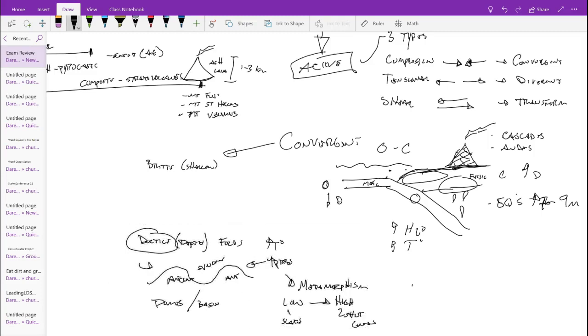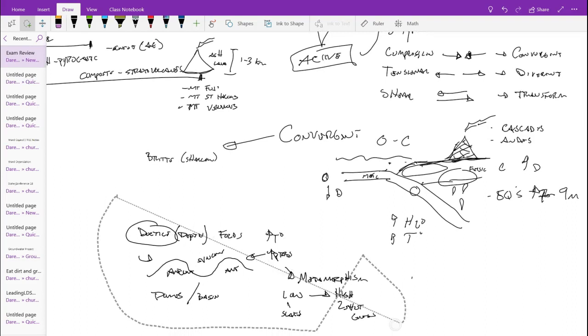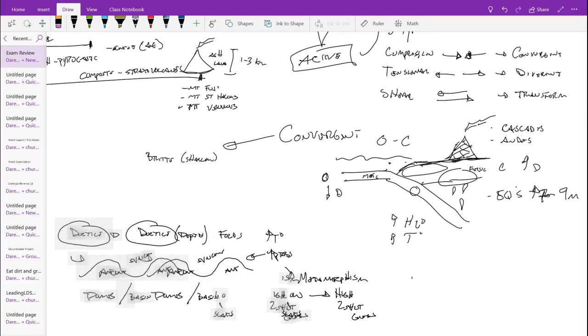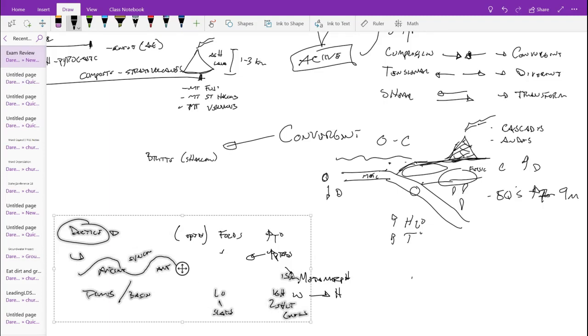Oops, do that over again. Brittle deformation. I messed up again. Oh, we got it. Okay, move it over. Oops, I messed up. I wonder if I can do it back.